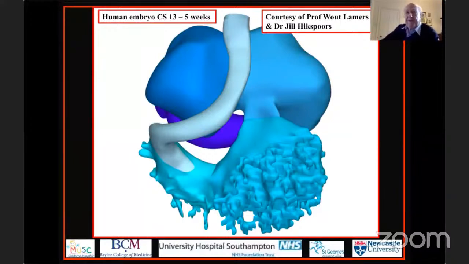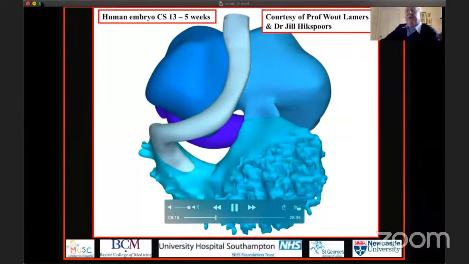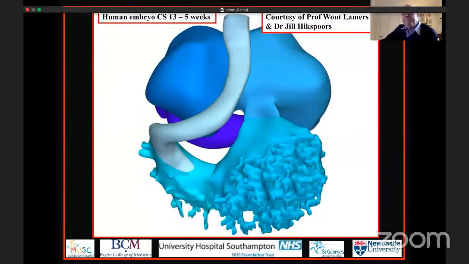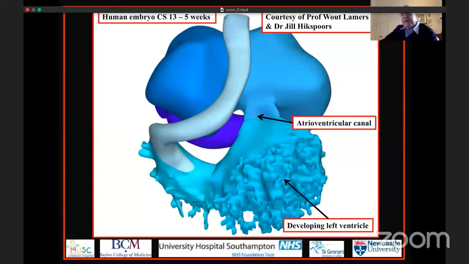So this is an early stage. As you see, it's what we call Carnegie stage 13. CS stands for Carnegie stage. And this is about 5 weeks after fertilization. And what you see is that at this early stage, the atrioventricular canal, the way out of the developing atrial chambers, is supported exclusively by the developing left ventricle. At this stage, the apical part of the left ventricle is ballooning from the inlet part of the ventricular loop.